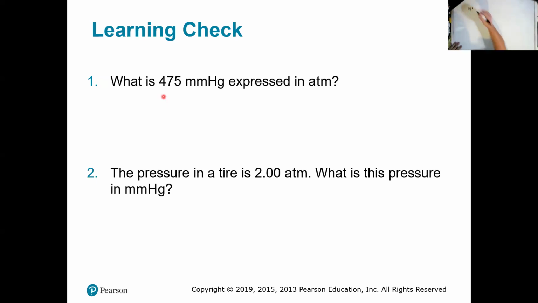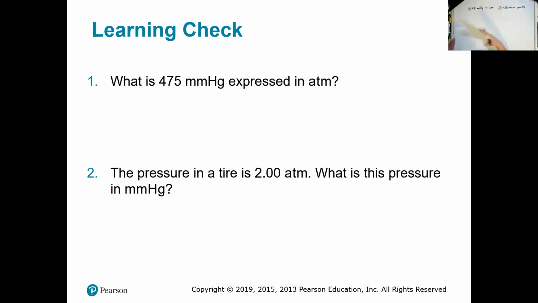Question 1 has us going from 475 millimeters of mercury into atmosphere. And question 2 gives us a pressure of 2 atmosphere and wants us to convert that into millimeters of mercury.